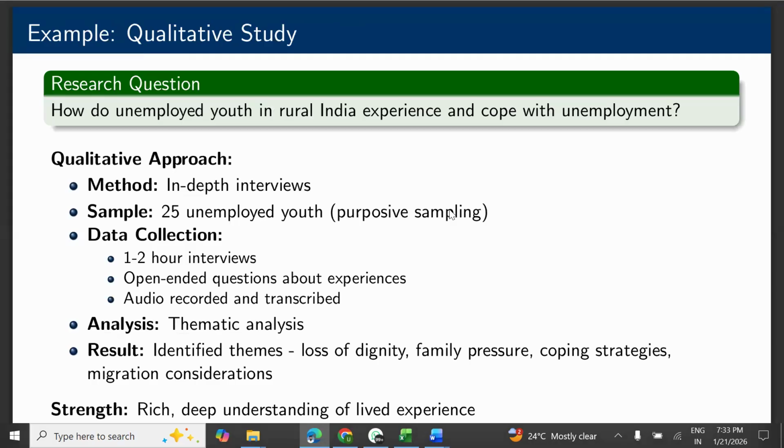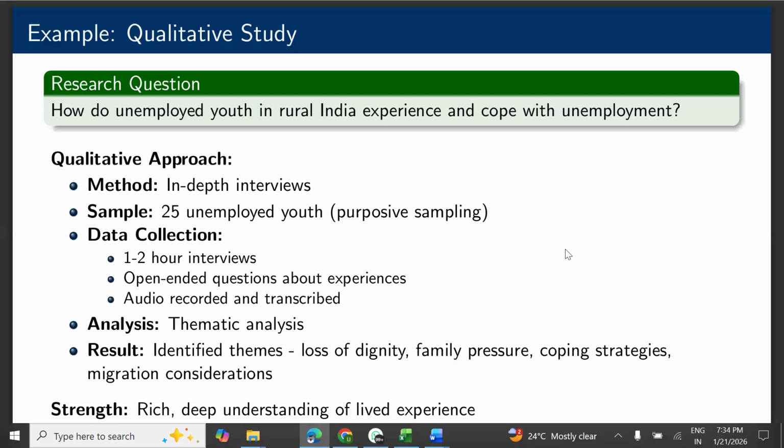One example of a qualitative study: the research question is, for example, how do unemployed youth in rural India experience and cope with unemployment? If you are following a qualitative approach, let's say the method is in-depth interviews. Suppose the sample is 25 unemployed youth, that's purposive sampling.